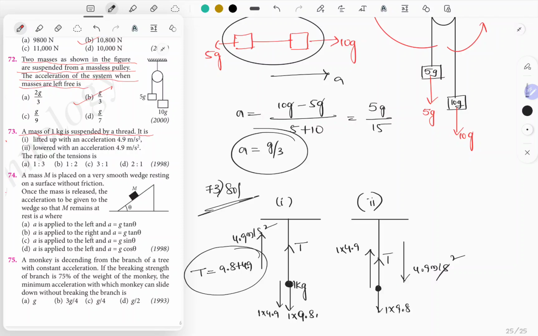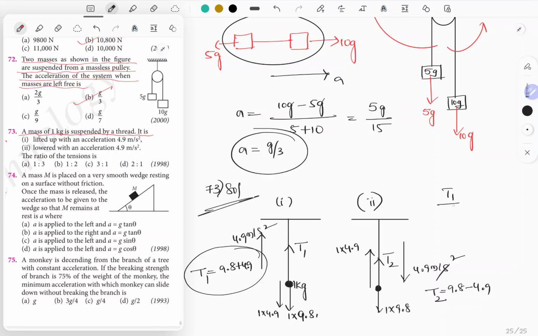So the tension in the string is upward. Finally, the tension in the string is T equal to 9.8 minus 4.9. So let's say this is T2, and that is T1. Now let me find the ratio. How is the ratio asked? They're asking T1 by T2.